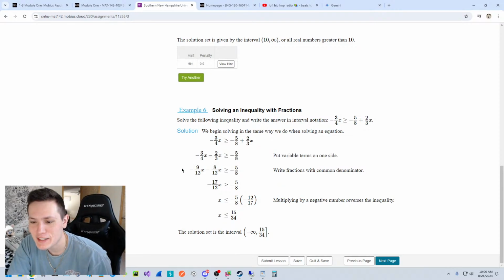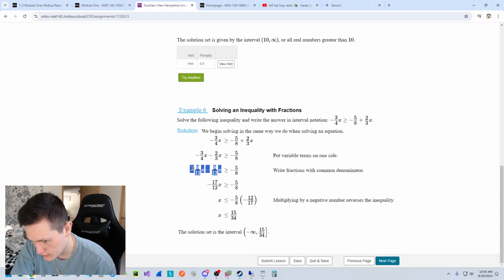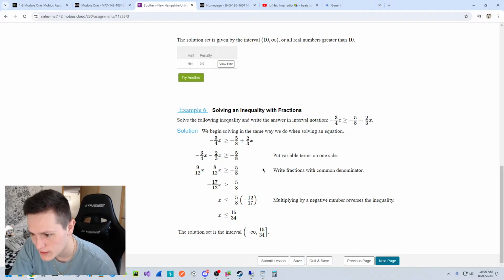This is where it gets kind of confusing because I try to understand the concept of it, but I'm not very good at understanding the concept of some stuff. But once I do understand the concept, it's super easy. It makes everything easy. But I get it. I guess you're trying to get the denominator to be common. But how do they get 12? They just cross multiply. It looks like they're cross multiplying from how I'm viewing it. 3 times 3, 9.